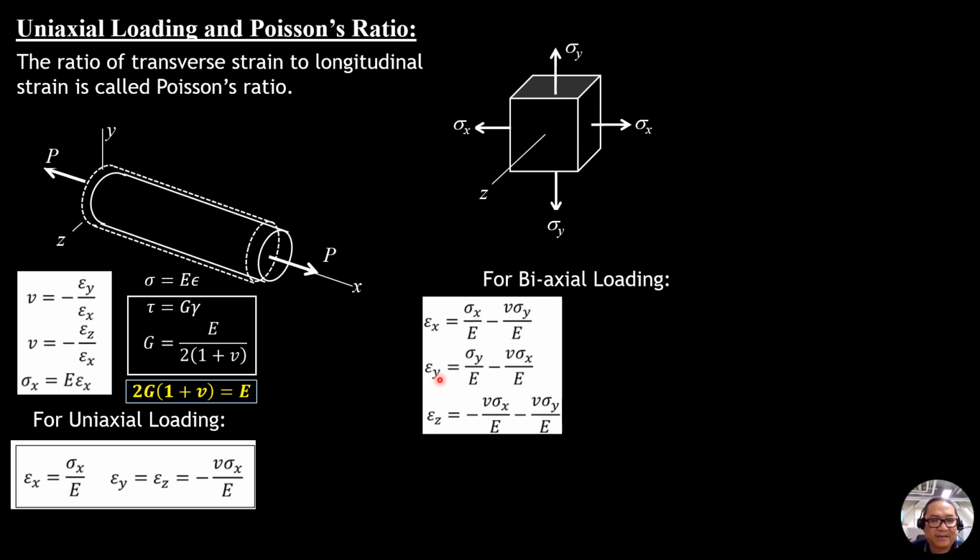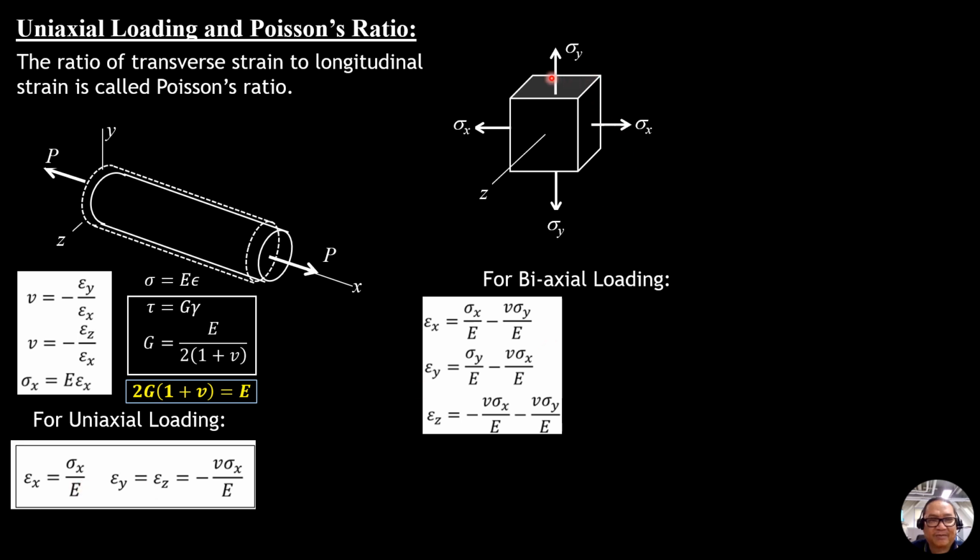Strain along y: we have a stress along y which is tensile also, which causes strain along the x-axis to be negative. So this is the resulting strain due to sigma y, positive sigma y over E from here.